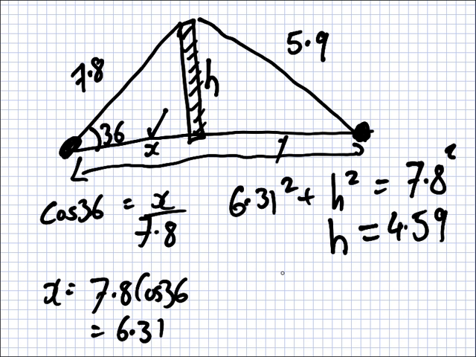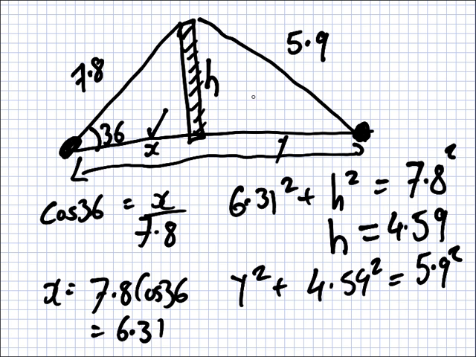Okay, so finally, how can I get the y? Easiest way to get the y. Sine. Yeah, I could use Pythagoras would be the best. I can say y squared plus 4.59 squared equals 5.9 squared.